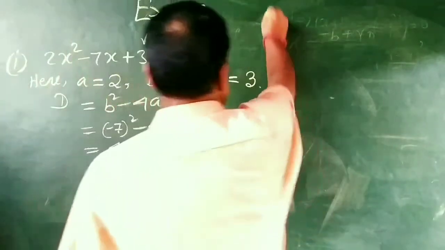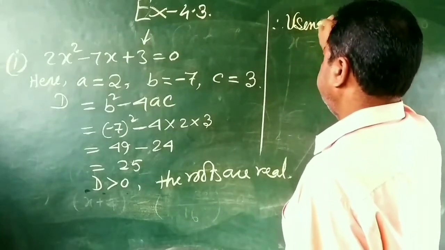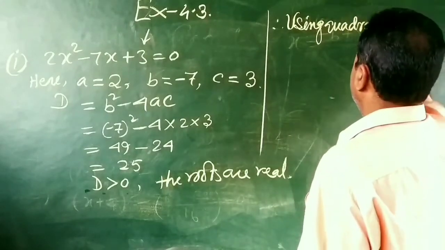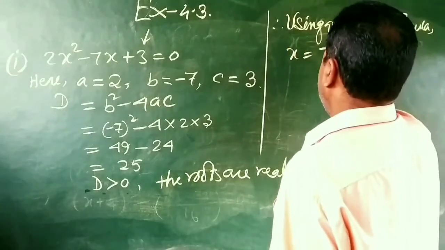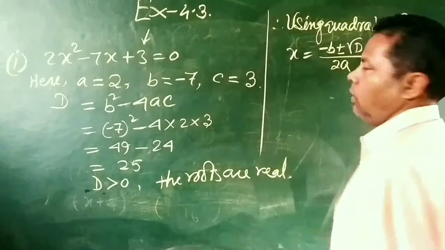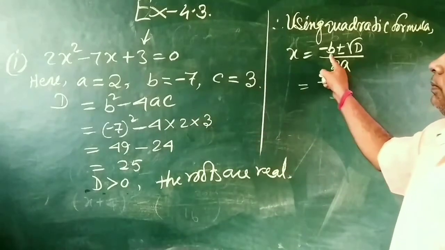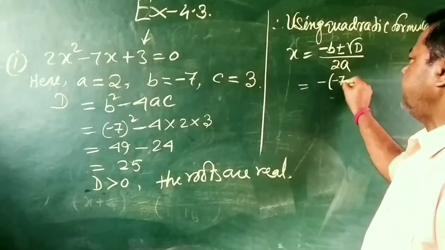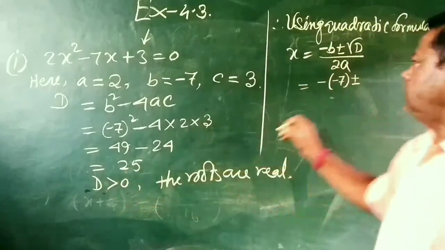Now we will use the quadratic formula. Therefore, using the quadratic formula, x is equal to minus b plus or minus root D by 2a. All these terms are available, we are keeping them ready here. Then minus b, the value of b is minus 7, being negative it is kept separately within a bracket, plus or minus root D. The value of D is ready here, that is 25.